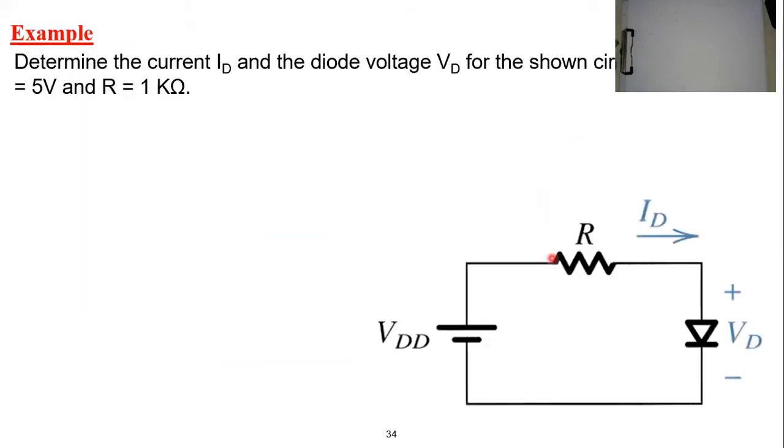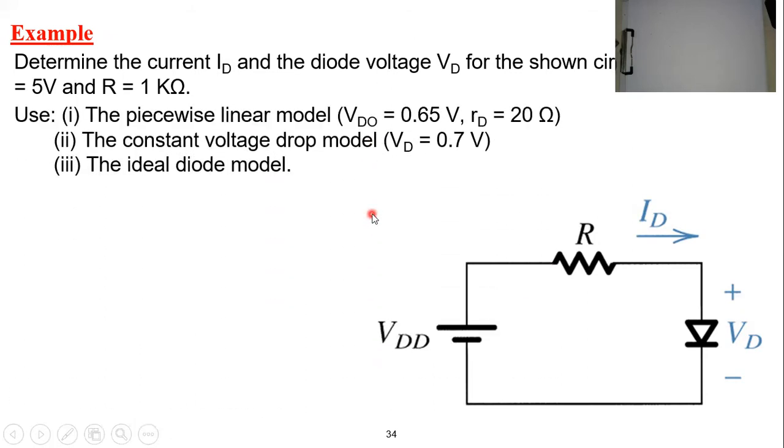So we started to examine the utility, the effectiveness, or the accuracy of these three models. We considered this circuit and solved it 3 times, each using a different model, starting from the most simple one, which is ideal. Then the constant voltage model, and finally the piecewise linear model.